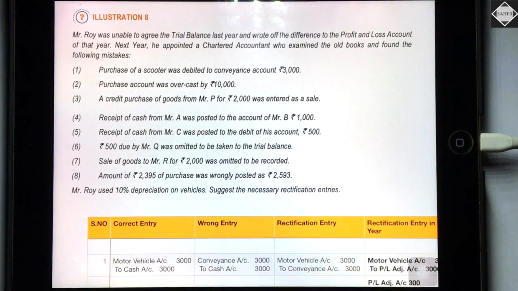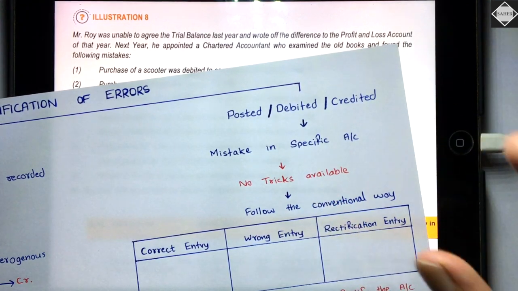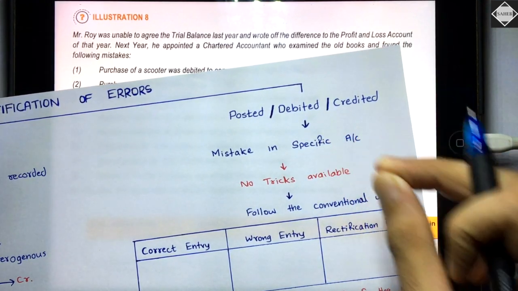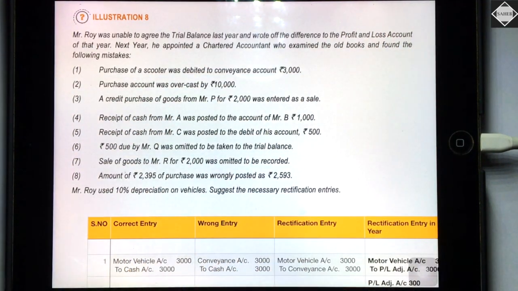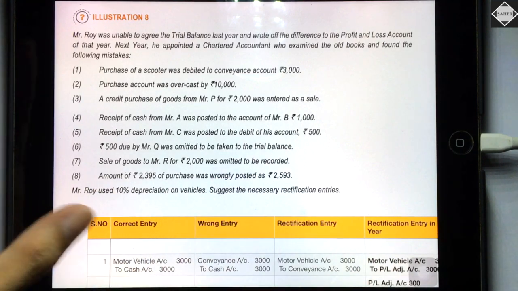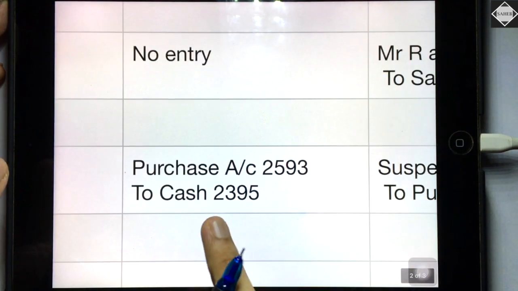I've told you, whenever you have these keywords, you have to read the wrong part properly. Whatever they are mentioning in the wrong part, the mistake is there only in that. Rest everything is right. They are not saying anything about the cash account. Nothing has been said, so you will assume cash is right. See here, cash is right.